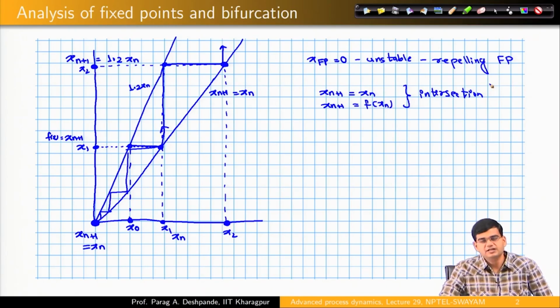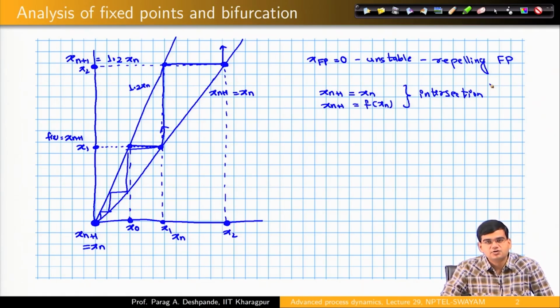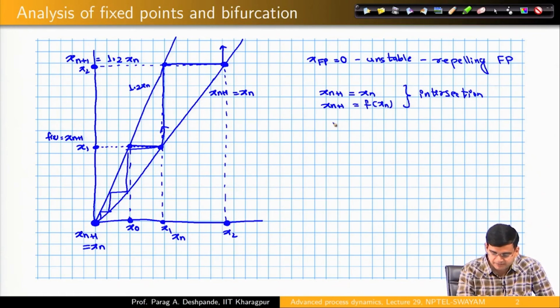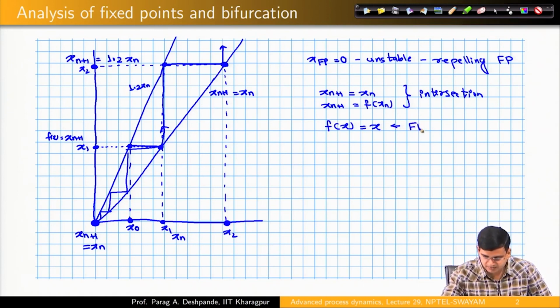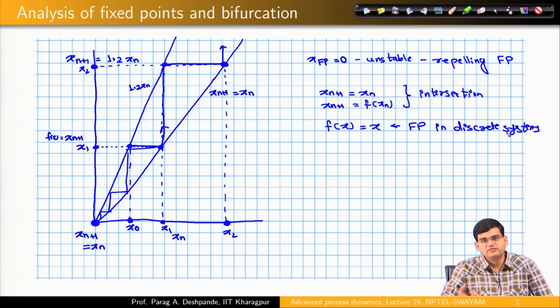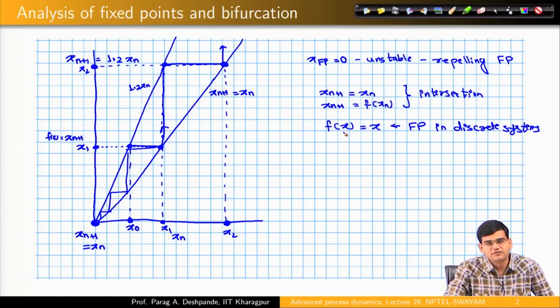You can do this graphically, you can do this analytically as well. How would you solve for this analytically? Simply f of x is equal to x. This is the fixed point in discrete systems. If you want to solve it analytically, solve for f of x is equal to x. If you want to solve it graphically, draw the two curves, intersection would be the fixed point.